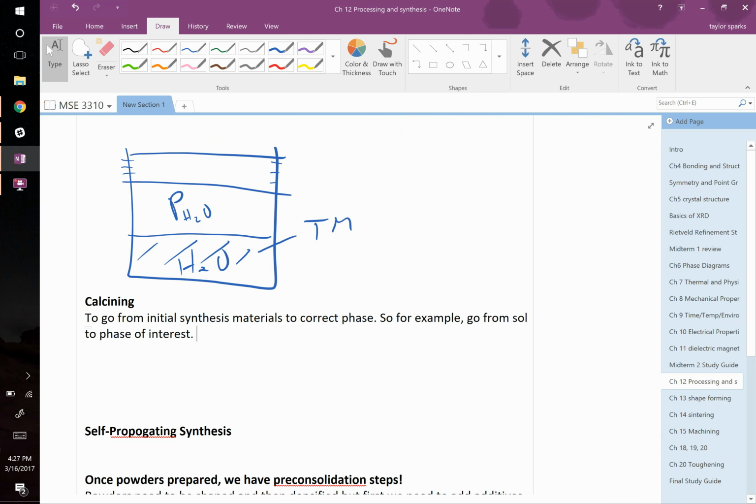Or carbonates combust to the correct phase. These would all be called the calcining phase, right? It's an initial heat treating step. It doesn't give you like a dense final product. It doesn't give you like a pellet or a disc or a cup or whatever you're making. It's still a powder when you bring it out, generally speaking, but hopefully it's now going to be the right phase.